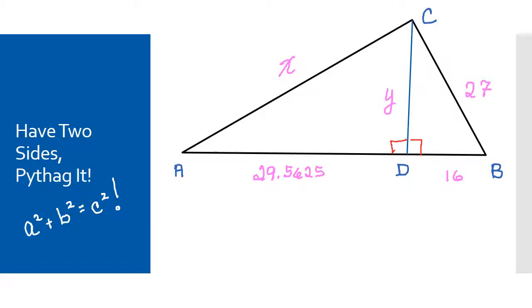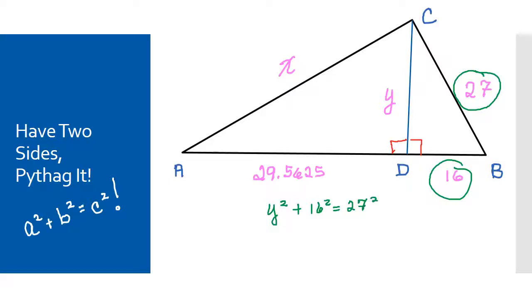All right, from the previous triangle, because we've got at least two sides going on here, and we can produce another third side for the other triangle, we can go find x and y using the Pythagorean theorem. So I'm going to start with the small triangle here because it has two sides. And we're going to set that up as y squared plus 16 squared equals 27 squared.